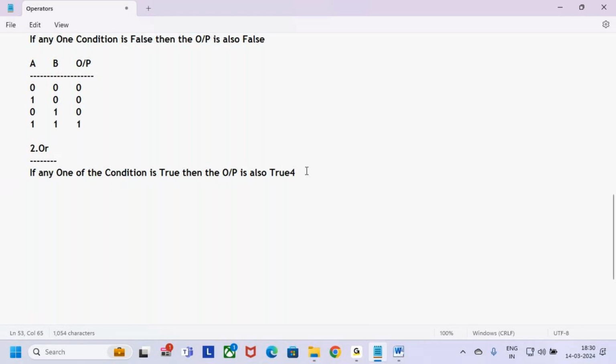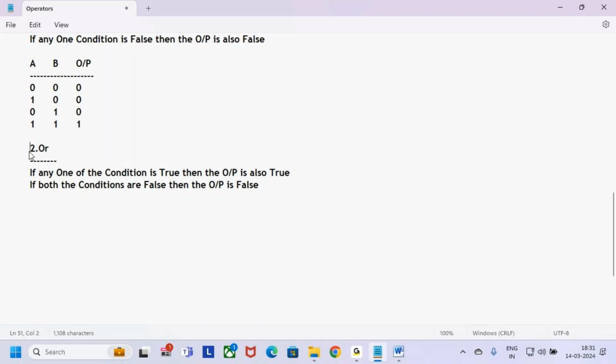When the output is false, when we'll get the output as false means, if both the conditions are false, then the output is also false.